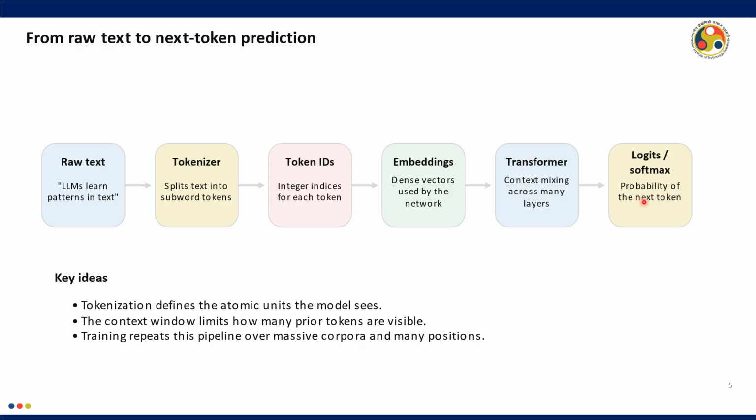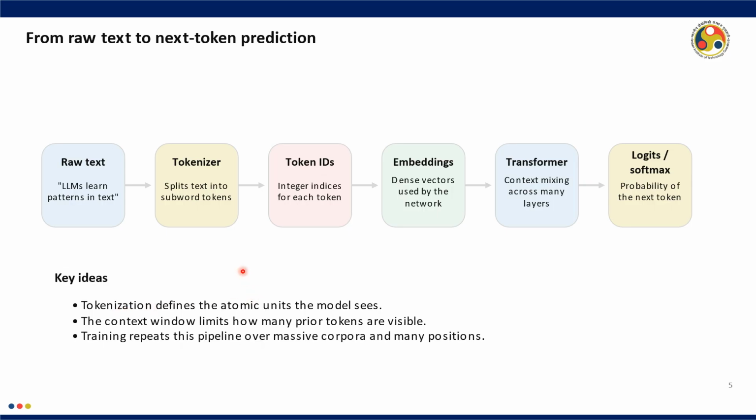And then the probability for the next token will be computed as the softmax. Softmax calculates the probability, and it is applied on the logits, which are the output of all the different transformer layers, and then we get the token as output. Okay.